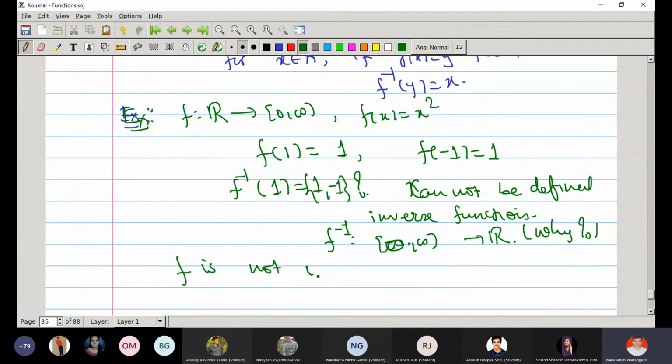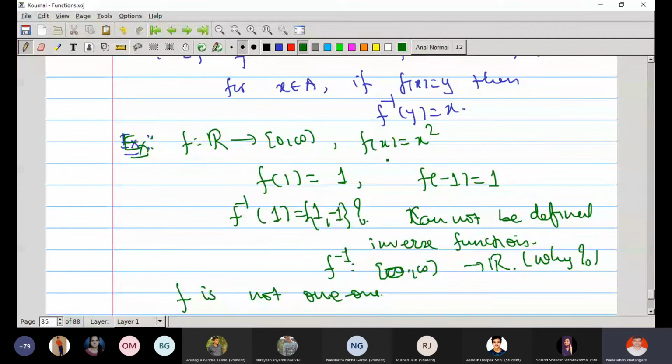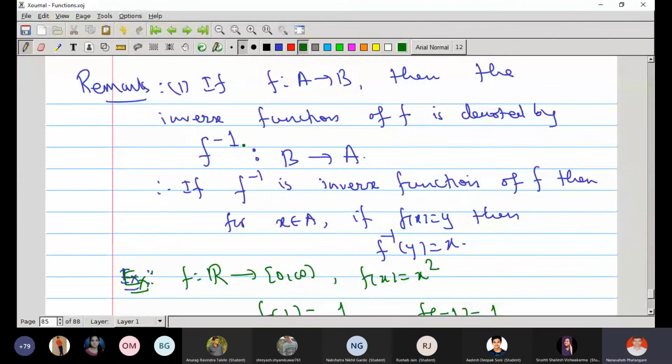What should be the definition of the inverse function? Since this function is not 1-1, there is a problem. But when I say that the inverse function of f exists, I am assuming the inverse function exists. In that case, for y, there is only one choice, which is x.